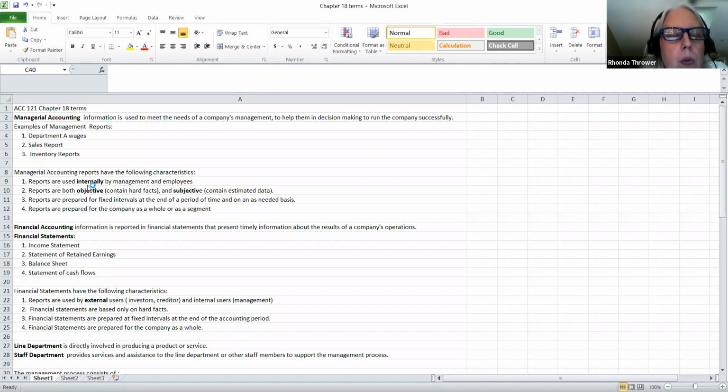The accounting reports for managerial accounting are going to be prepared for the external users of the accounting information, which will be management and, excuse me, I said external, but I meant internal. They will be prepared for internal users of accounting information, such as management and employees.